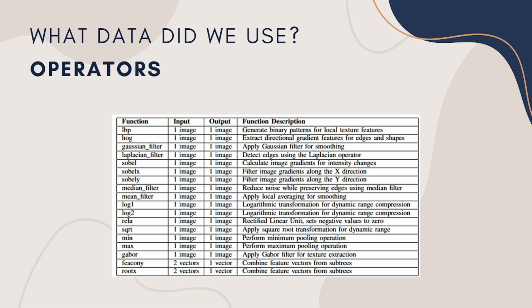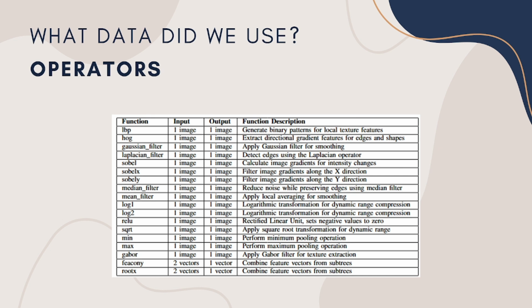These are the operators that we use for the tree. The first two operators extract the features from the image, and there is a mistake. I'm sorry for that. The output in these operators is mostly vectors instead of images. The last two operators are operators of concatenation.